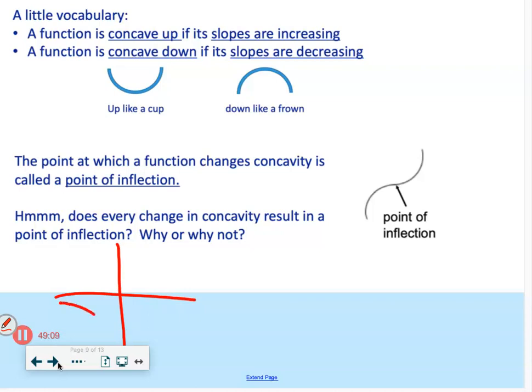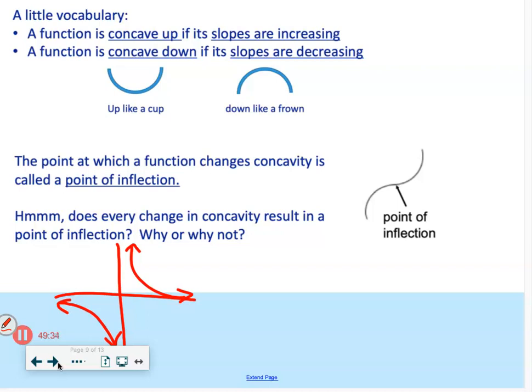If we have a graph that's discontinuous, like say for example 1 over x, you're concave down, you're concave up, you've changed concavity, but there is no point of inflection because there is no point there, right? It doesn't even exist at 0. So you can change concavity without a point of inflection if the graph is discontinuous there.